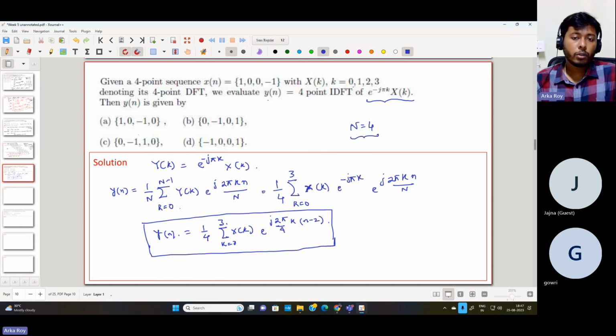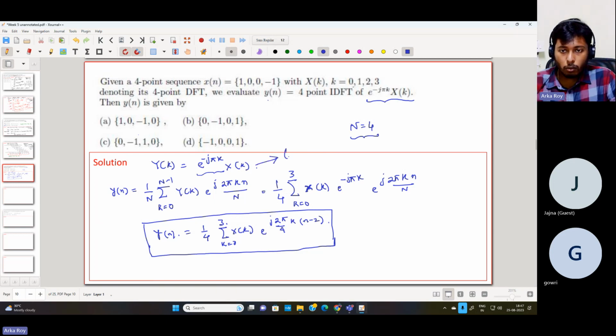And from the theory also, we know that when we multiply any complex exponent with the DFT, then what we will get is basically a circular shift by that particular exponent factor.